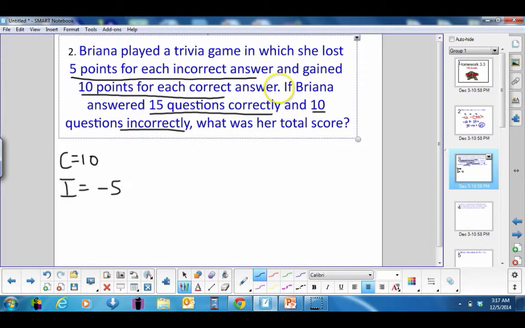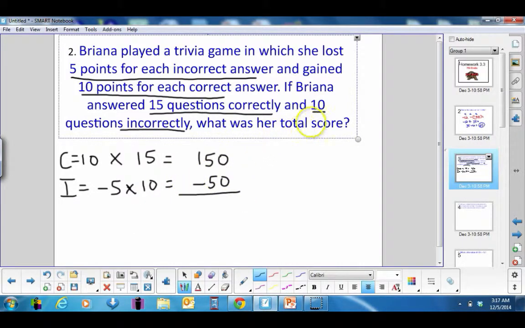Now it says she answered 15 questions correctly, so I'm going to take this 10 times 15. 10 times 15 gives me 150. Okay. And she answered 10 incorrectly. So now I have a negative times a positive. Negative times a positive gives me a negative. So I know for sure here my answer is going to be negative. 5 times 10 is 50. I'll put the 50 right here.